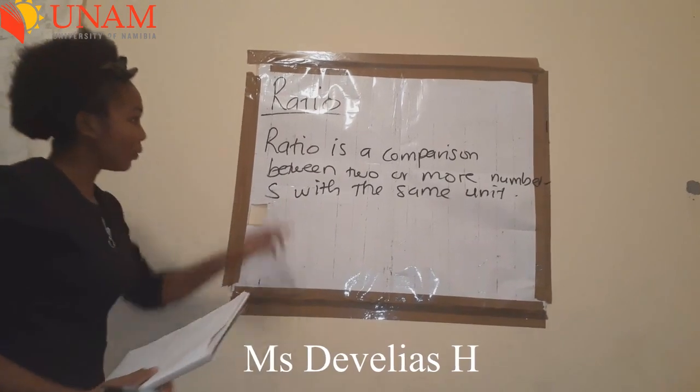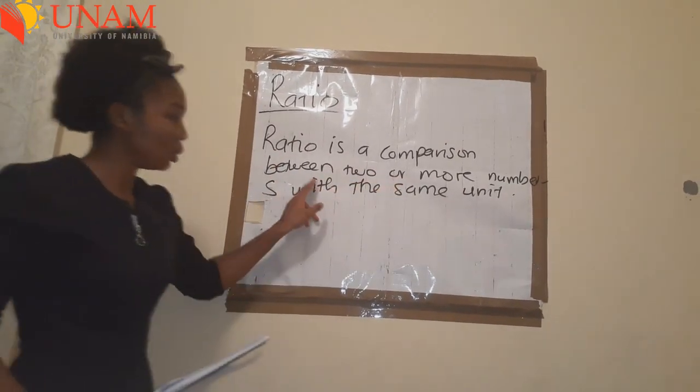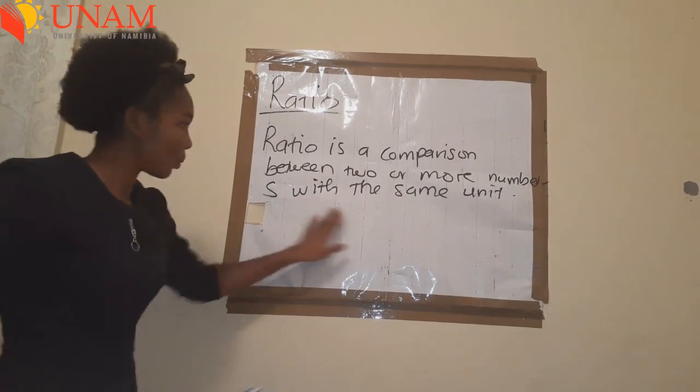We define a ratio as a comparison between two or more numbers with the same unit.